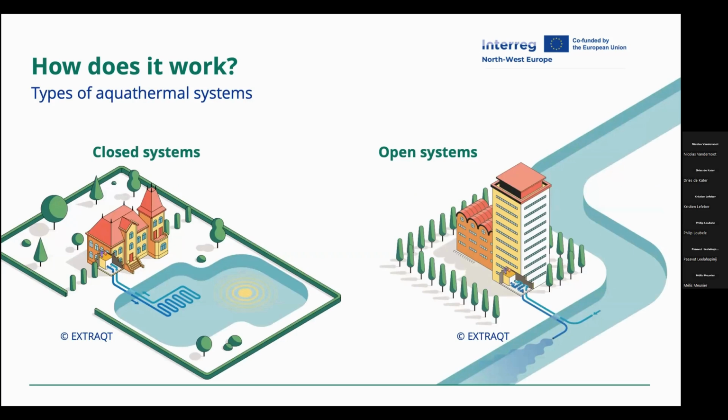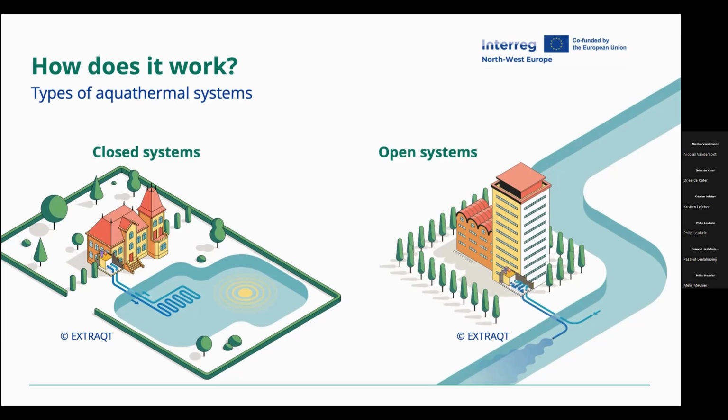So we have systems which are connected to closed water bodies, not a canal, more a lake, for instance, privately owned water bodies, where we can insert a heat exchanger in the water itself and harvest or exchange the heat directly from the water body to the heat exchanger, and then distribute it to the facility. In that case, we talk about a closed loop system.